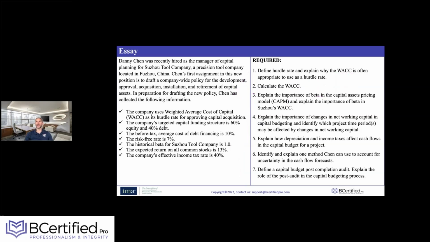Number 4, explain the importance of the changes in net working capital in capital budgeting, and identify which project time periods may be affected by changes in net working capital.